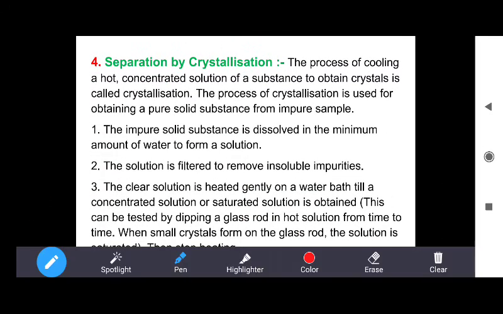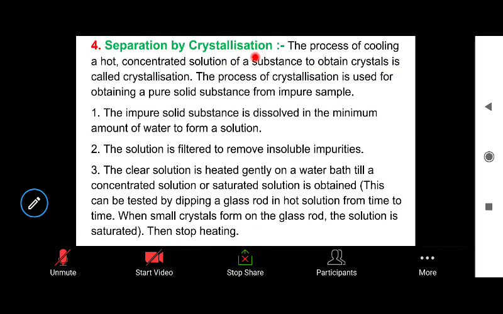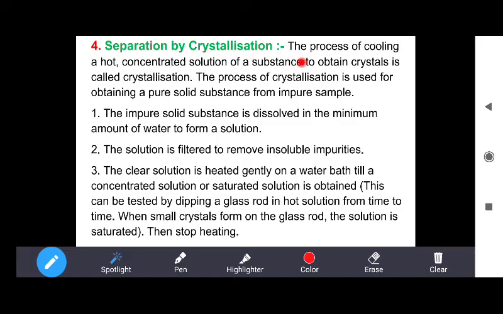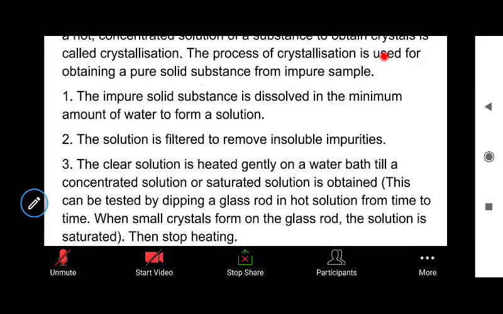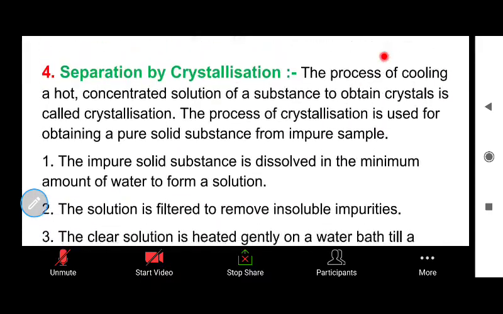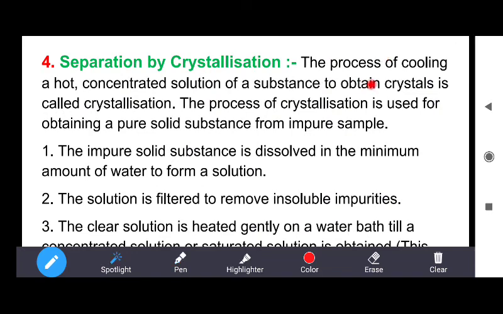The next method for separation is separation by crystallization. What is separation by crystallization? The process of cooling a hot concentrated solution of a substance to obtain crystals is called crystallization.